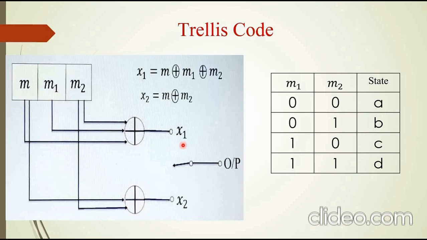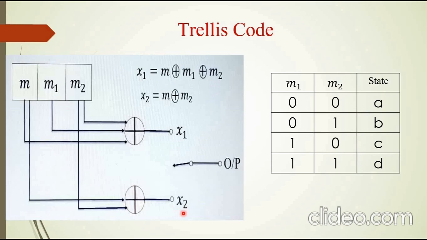Here X1 and X2 are both our outputs. X1 is equal to the modulo-2 sum of M, M1 and M2.